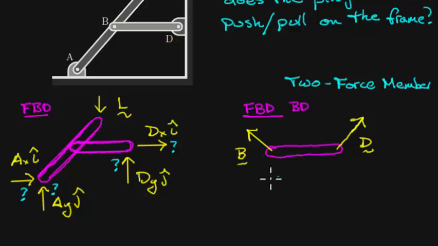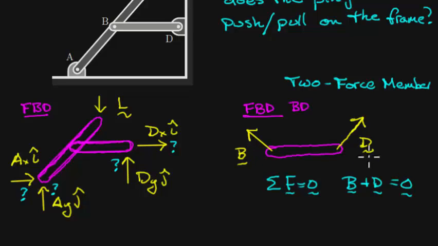So for example, if I take all my forces acting on this body and set that equal to 0, what do I have? My only 2 forces are these 2 forces B and D, and they have to add up to 0. I know I said I was going to do analysis without equations. I'm not constructing these equations with the intent to solve them. I'm just constructing these equations to express an idea.